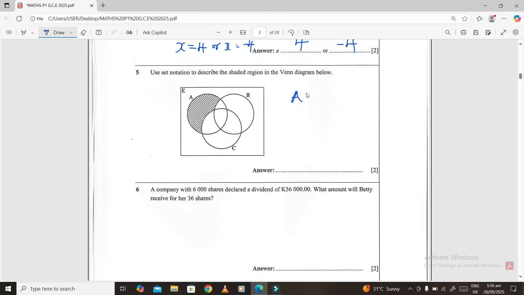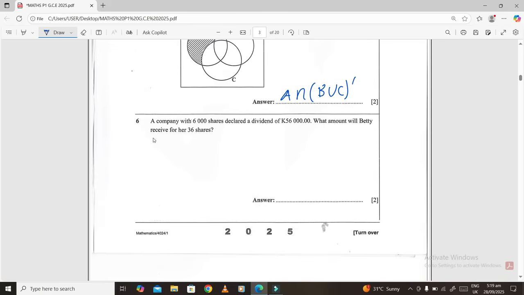And then here I can say intersect B union C complement. So this is our answer: A intersect B union C complement.